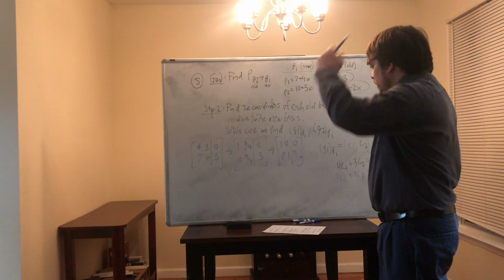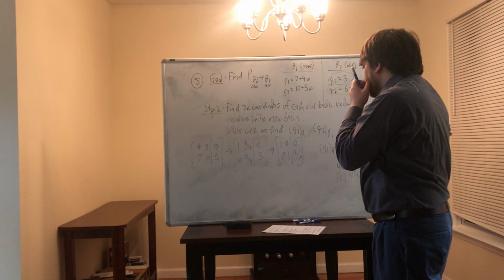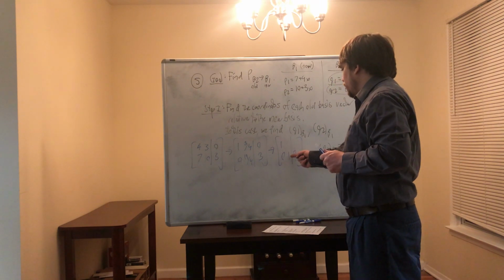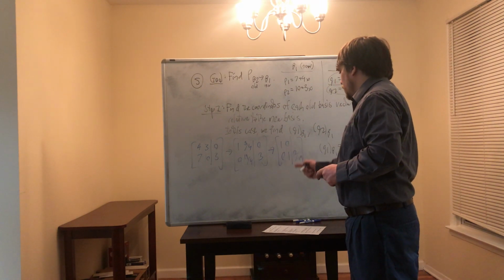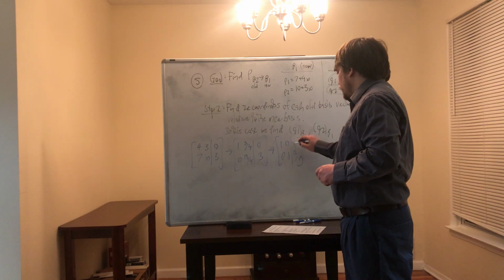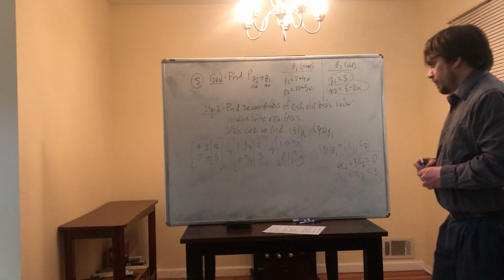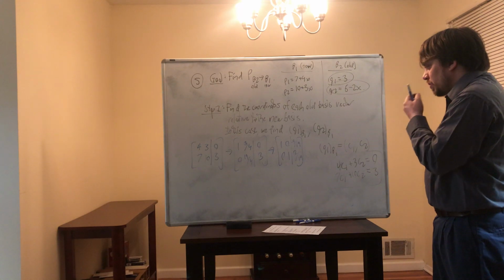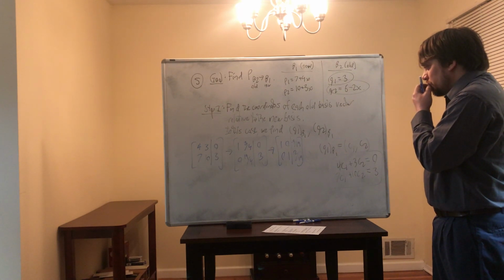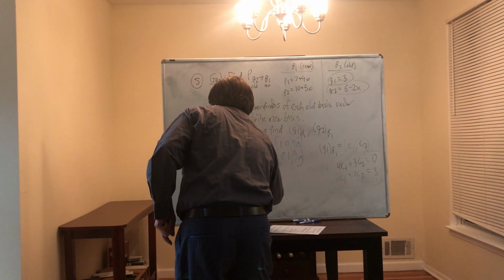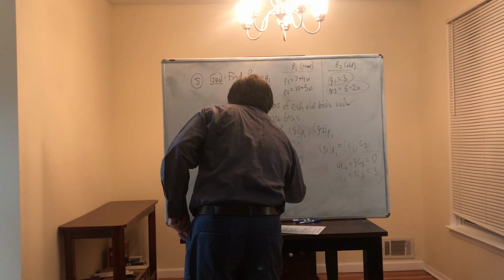Good, and then here, when I do negative 3/4 times this and add that, it's negative 3/4 here. And so that's negative 9/19 there. Okay, so the solution is C1 is equal to negative 9/19 and C2 is equal to 12/19.